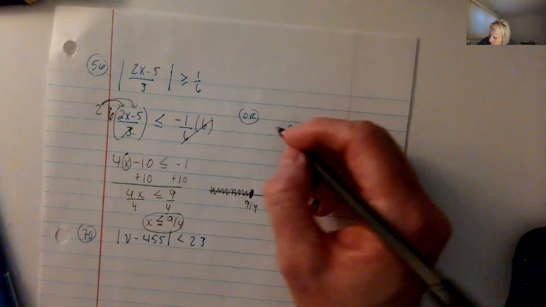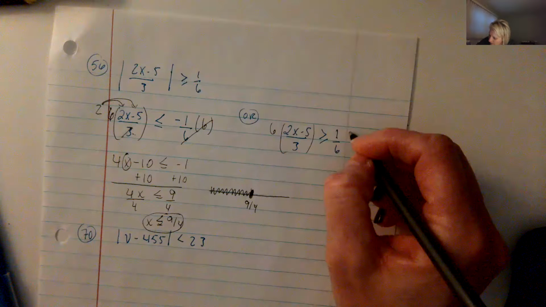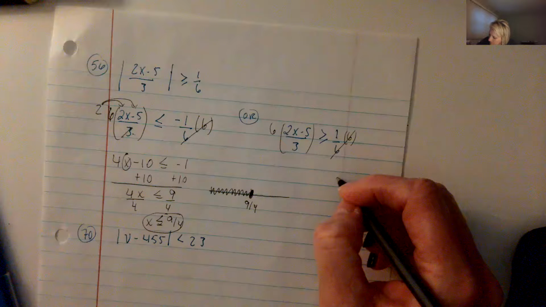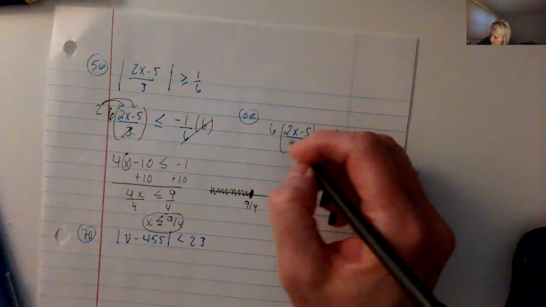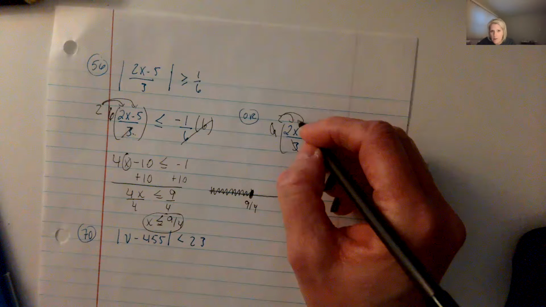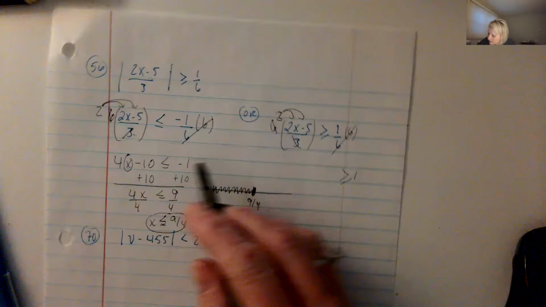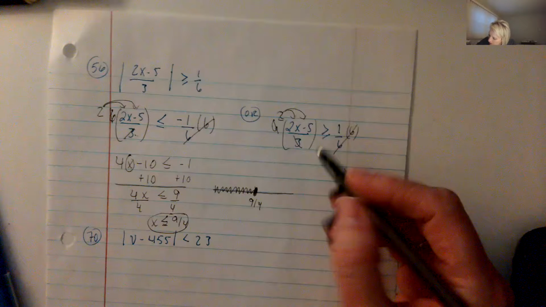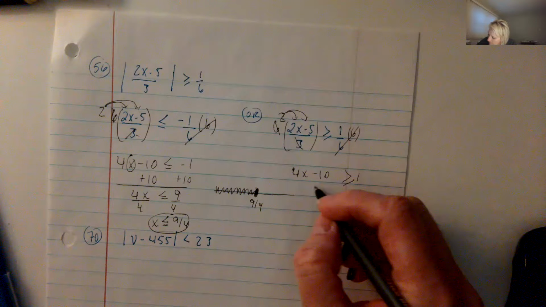Okay, then over here, again, we're going to multiply through by the 6, just like we did on the other side. And 3 goes into 6 2 times. And then the cool thing about the absolute value is you're essentially doing the same steps twice. So 4x minus 10.